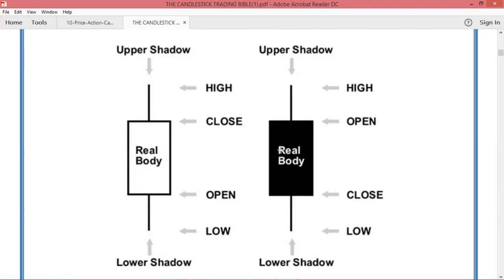Moving to the red, which is the bearish candlestick now, it is just the opposite of what I've explained in the bullish candlestick, which means the price opened again at this point. Probably buyers came in first. They pushed this market up to this side, and sellers came in again.